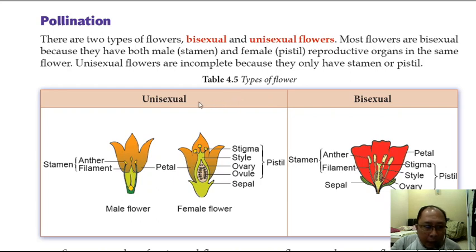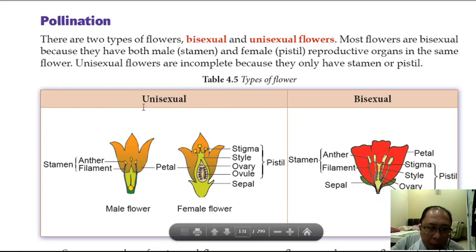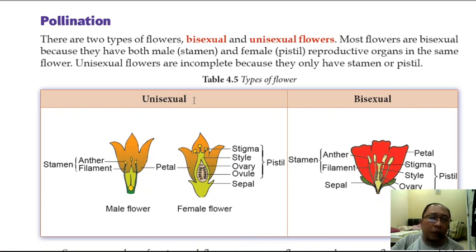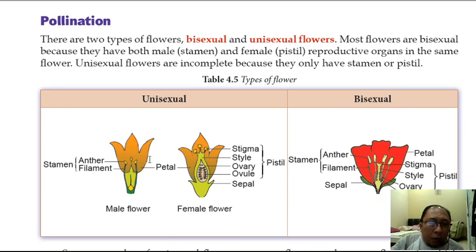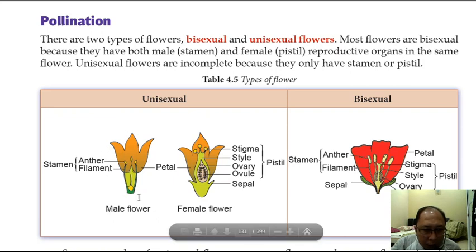So from the diagram given here, we can understand the meaning of unisexual flowers. Unisexual, uni means one. So one flower only has one type of reproductive organ. For example, this one is a male flower, while another one is a female flower.